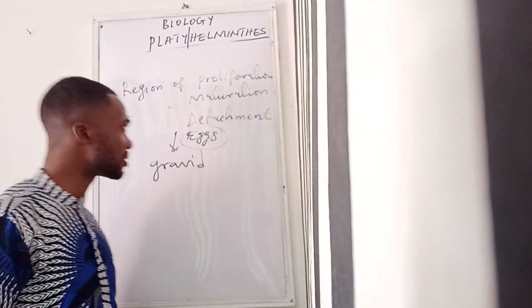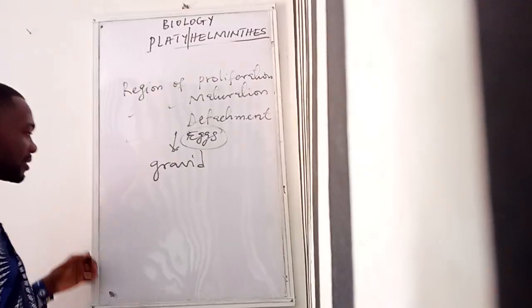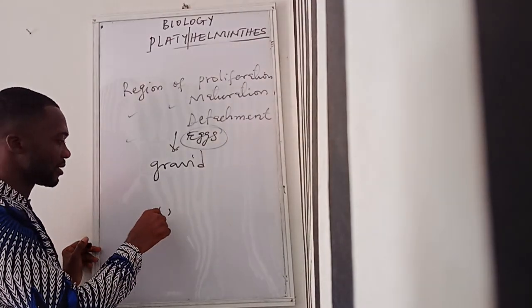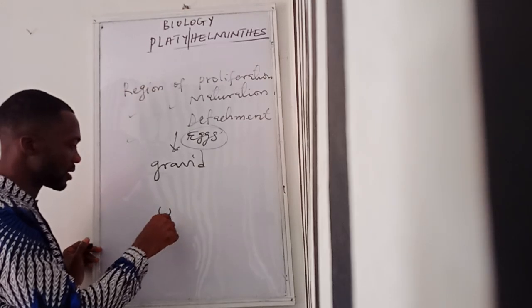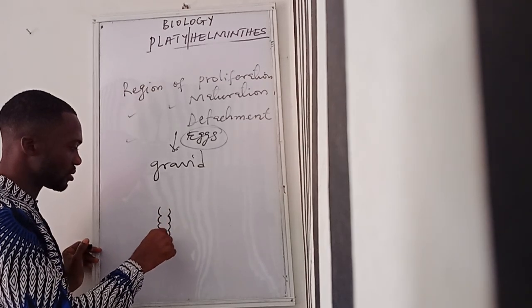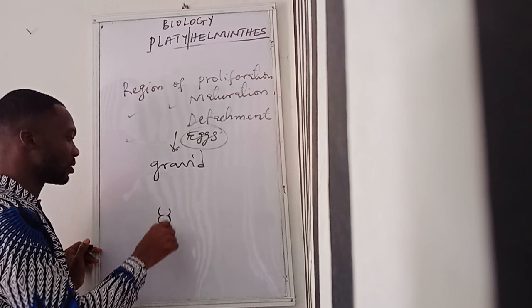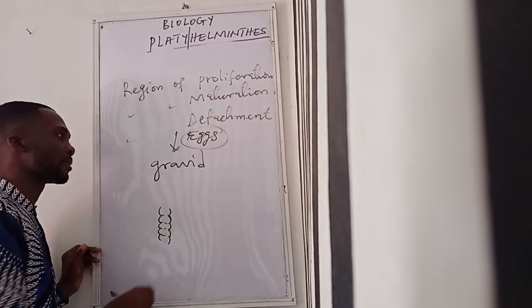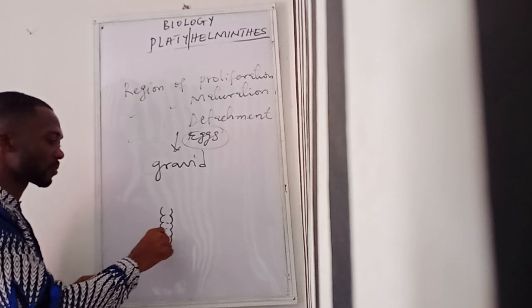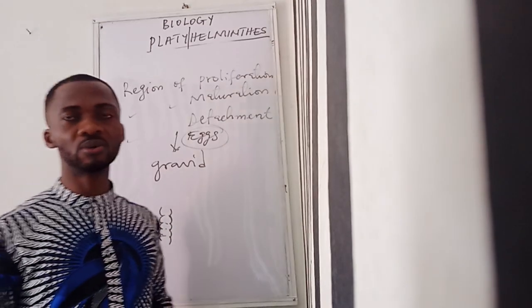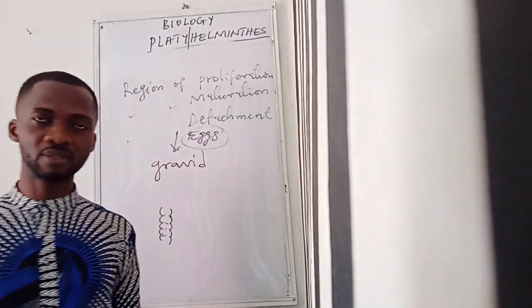The segment with eggs is called a gravid segment. Then, like I said, the last region is the one they call the region of detachment. Within this region, the segments begin to detach.